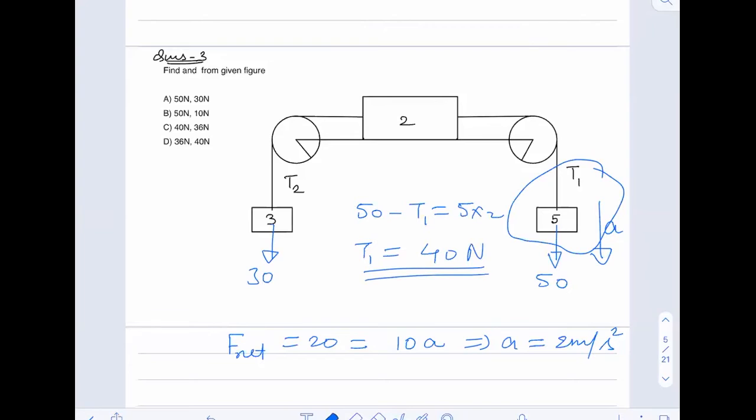I see only option C has T1 as 40, so option C is correct. Did all of you get this? Hello? Why are you people not replying?